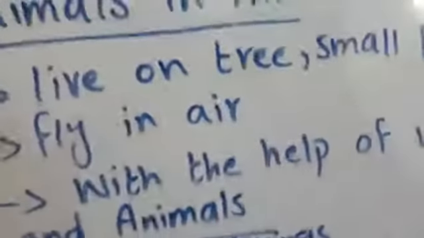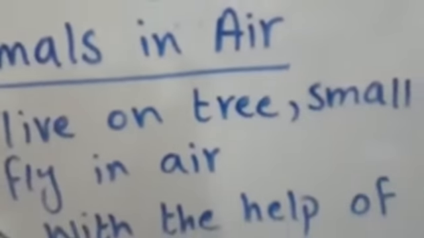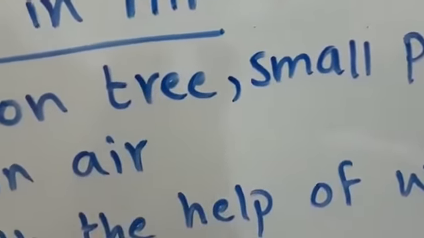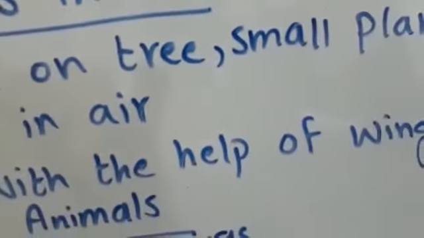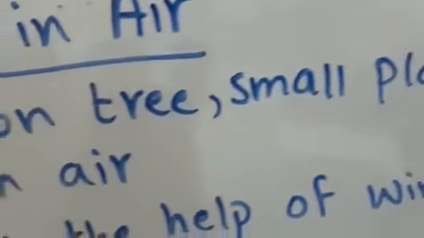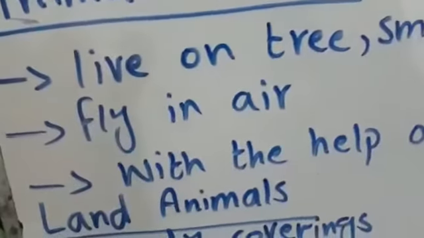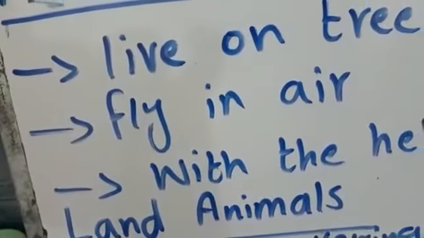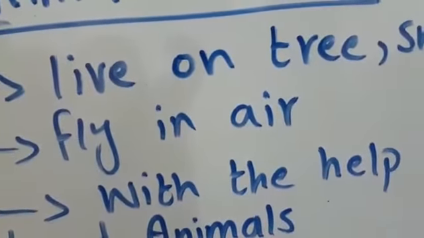Animals which live on land, on trees or small plants, they live on land, on trees, or on small plants, but fly in air.